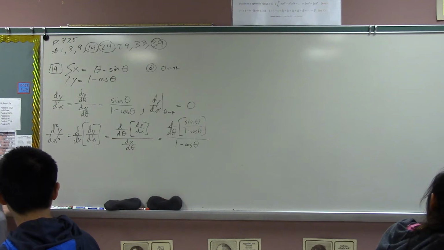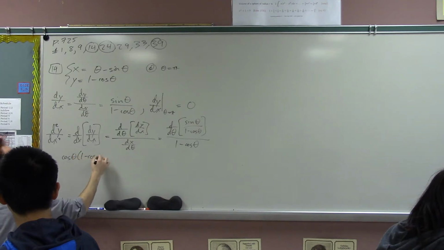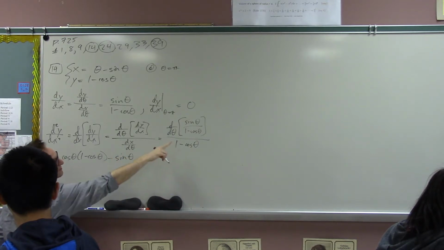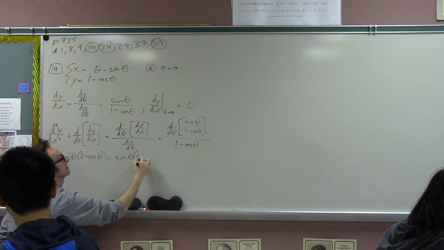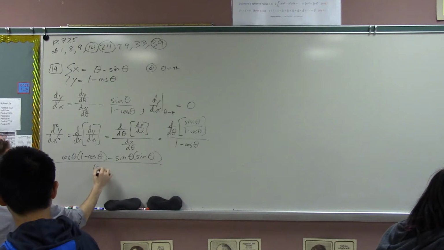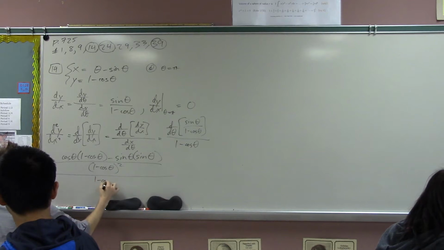The derivative of the top is cosine times the bottom, 1 minus cosine, minus the top, sine theta, times the derivative of the bottom, which is another sine theta. All over the bottom squared, and then the whole thing is over dx/d theta.